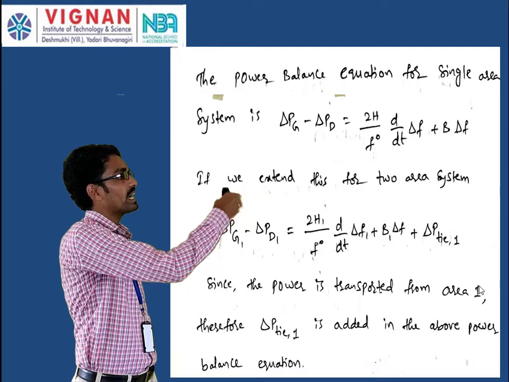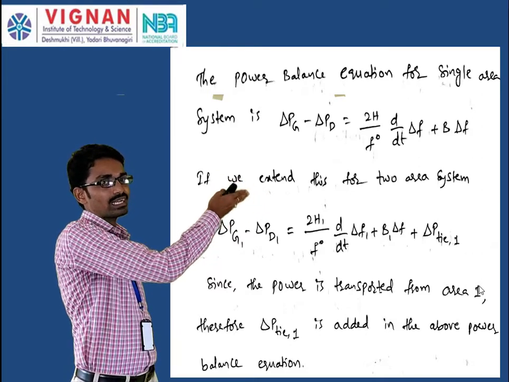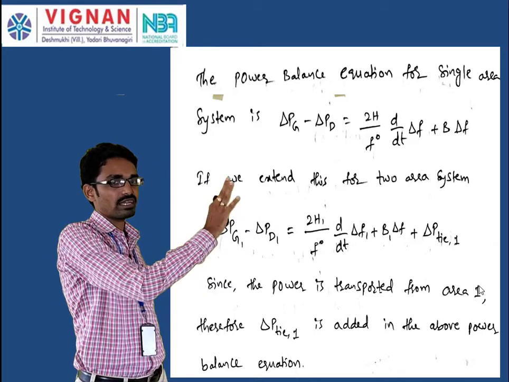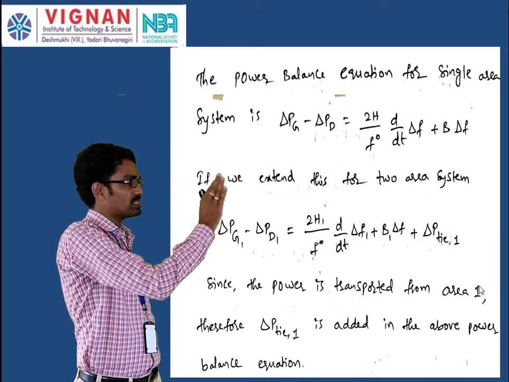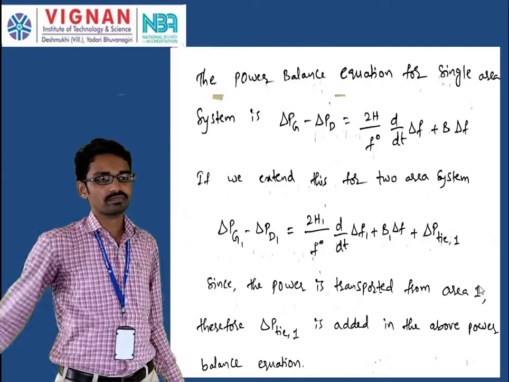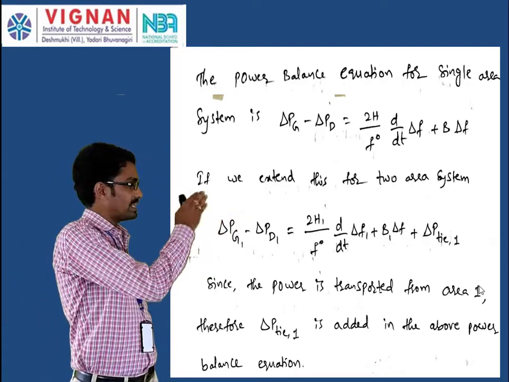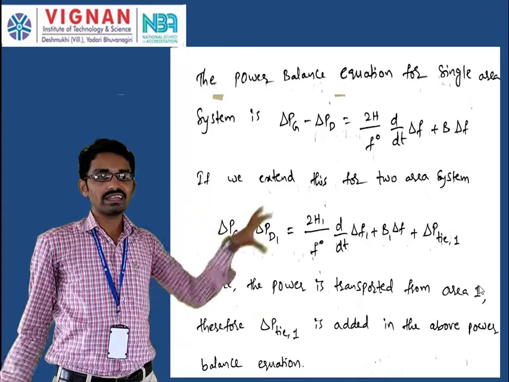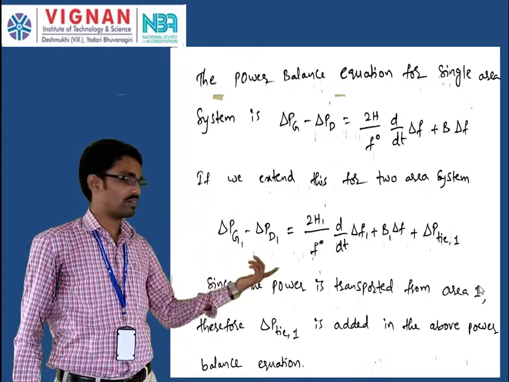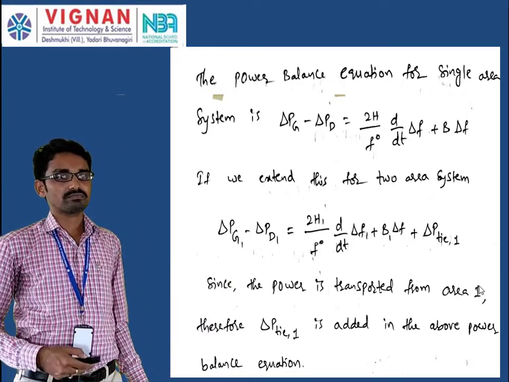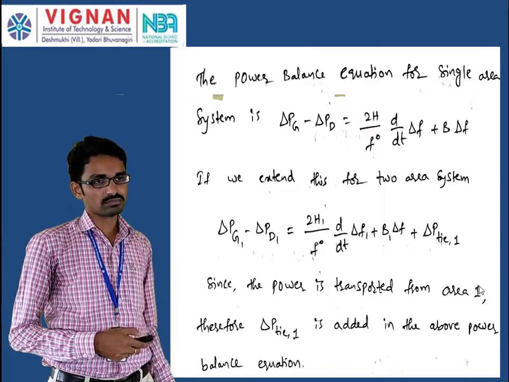Then we add the tie line power, that is plus delta P tie 1. I am adding the tie line power with respect to area 1, that is the power which is exported from area 1. Since the power is transported from area 1, delta P tie 1 is added in the power balance equation. We have added delta P tie 1 in the above equation.